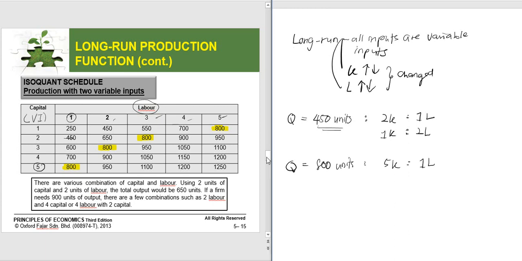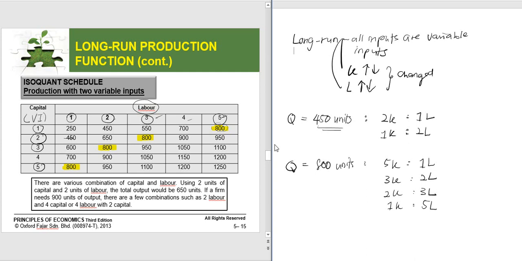Or you can take the second combination here, which is 3 capital and 2 labor, or another combination which is 2 capital and 3 labor, and another combination which is 1 capital and 5 labor.